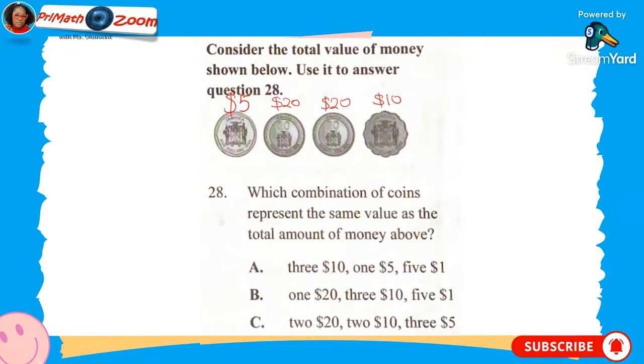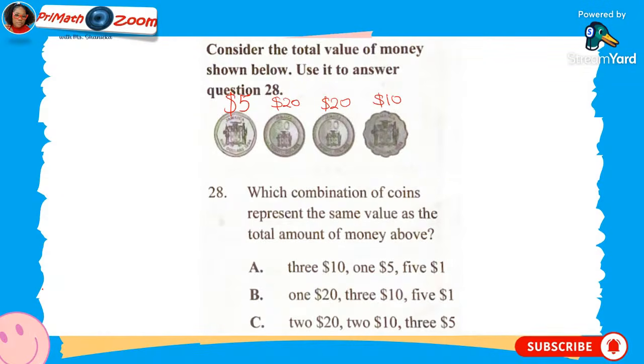Now, the question says, which combination of the coins represent the same value as the total amount of money above? Which combination? And we have A, we have B, we have C. Now, first, we need to know what is the value of the money we have above.